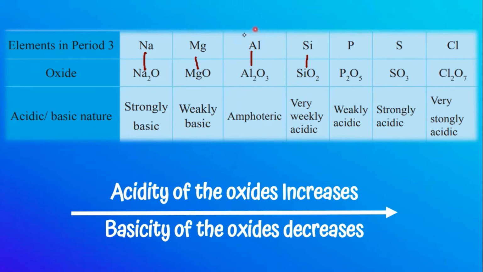Basicity decreases on this side and acidity increases. Very weakly, strongly and very strongly on this side, strongly, weakly and amphoteric. Amphoteric means elements that have features of both basic and acidic.